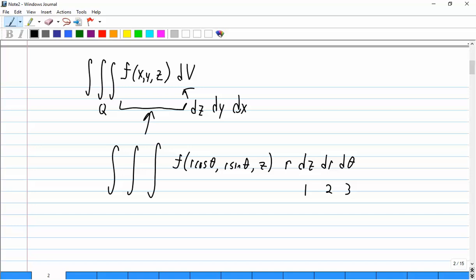Your book, to represent that, says h sub 1 of r cosine theta, r sine theta, to h sub 2 of r cosine theta, r sine theta. Now, once you integrate with respect to z, then it's basically going to just be a polar problem.